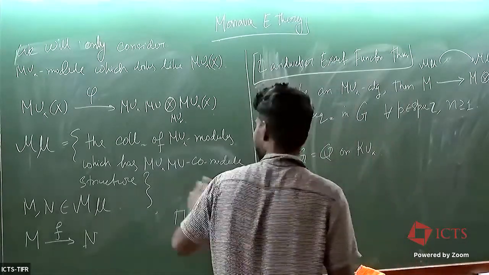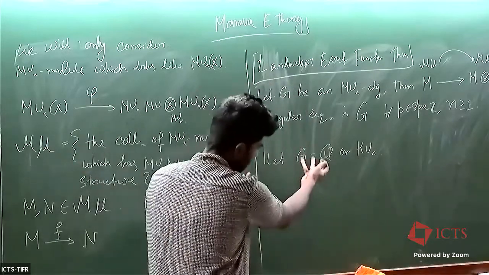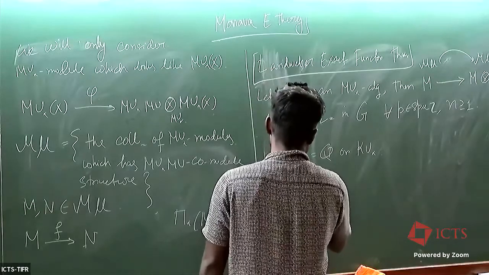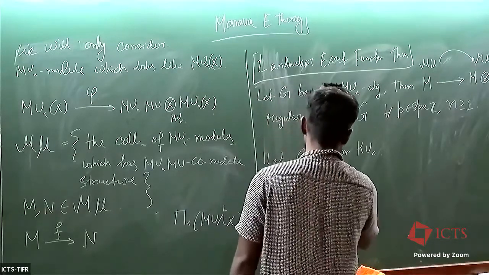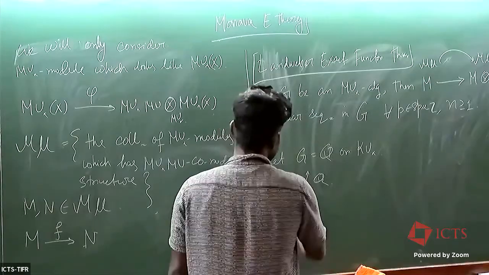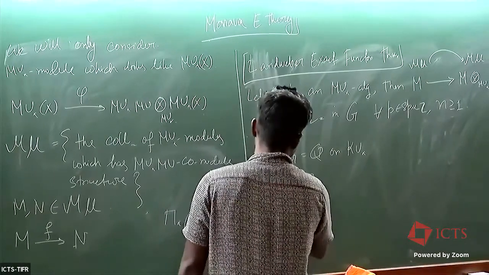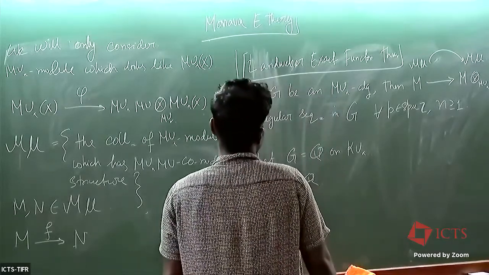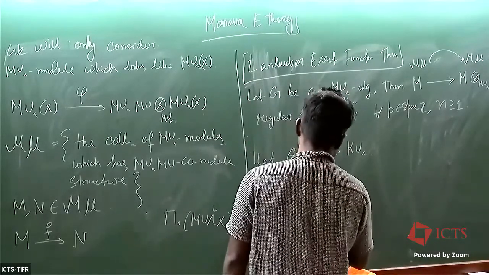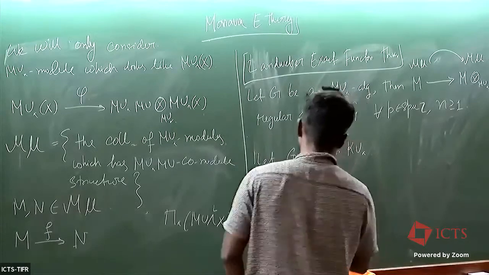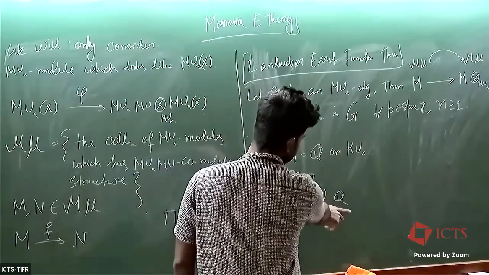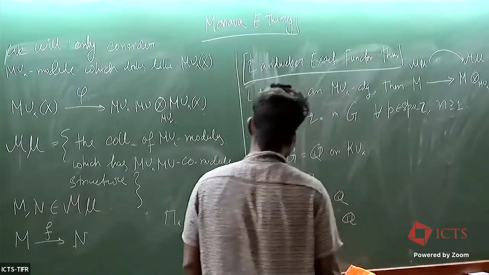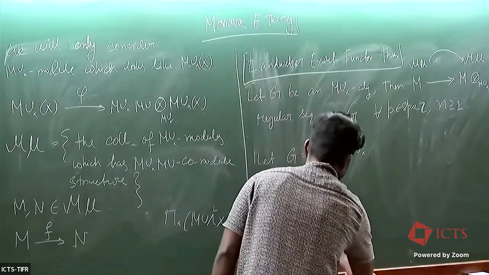Now you can see after doing this, first let us look at Q, for example. The action of mu star on Q is given like this. This guy is Z, x1, x2, and so on, and then it acts on Q by the Z going to Z inside Q, and each of these xi goes to 0.